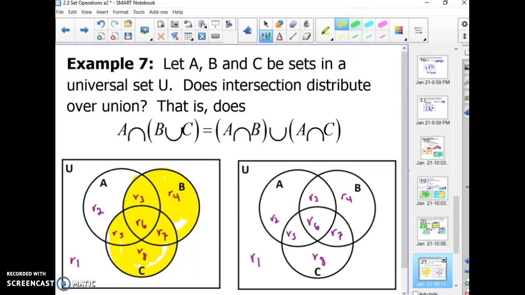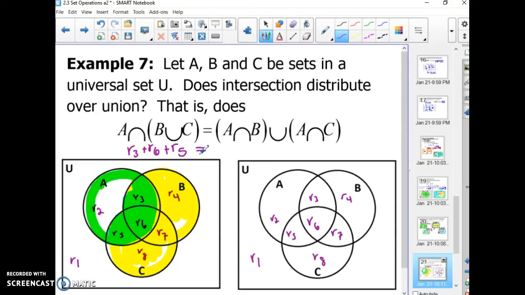A. So if I come over here and think about A, where do they overlap? I have it right here. So I know that this side is R3, R6, and R5. So this side is R3 plus R6 plus region 5.